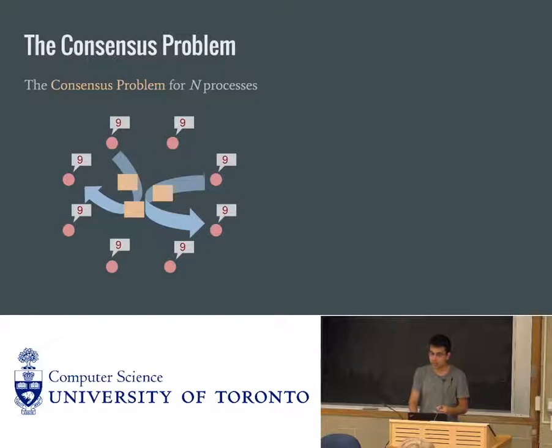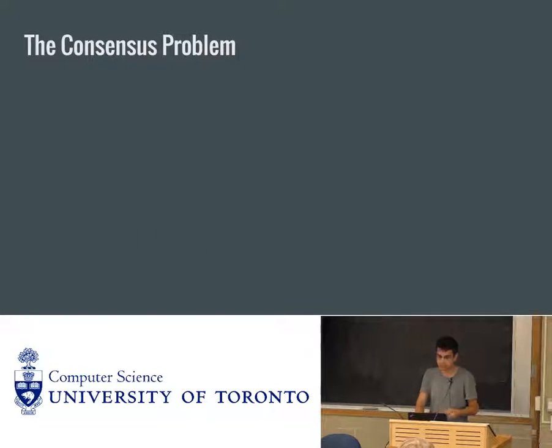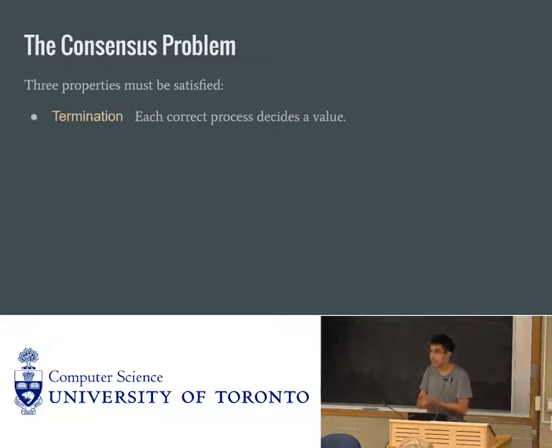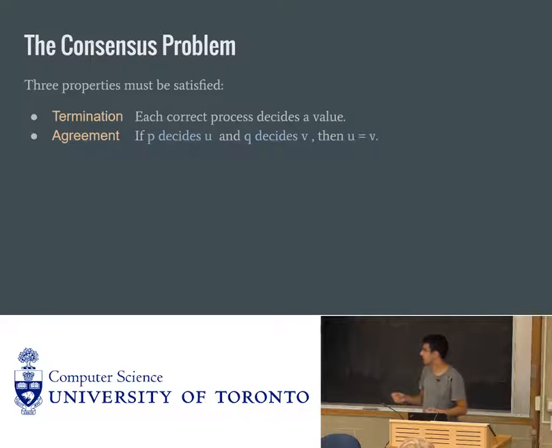They each decide a value, and this value satisfies three different conditions. Firstly, every correct process, and by correct I mean one that doesn't fail, decides a value. Agreement needs to be satisfied as well: if two processes decide a value, they're deciding the same value.